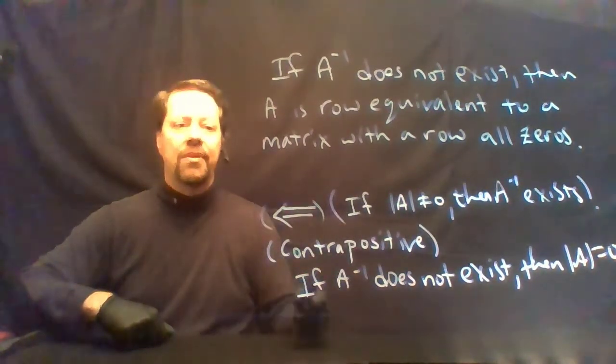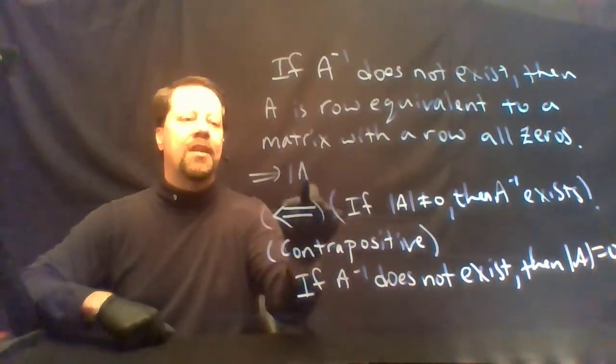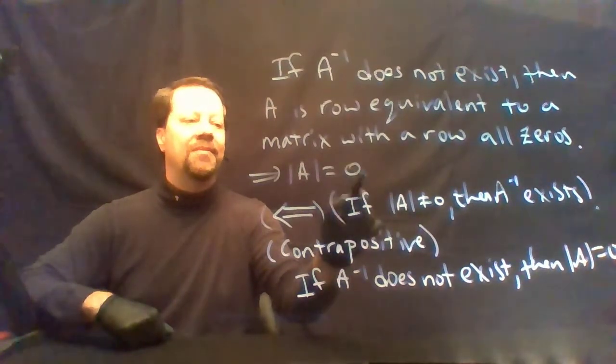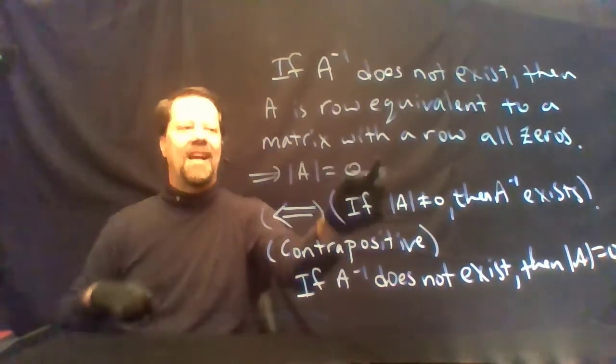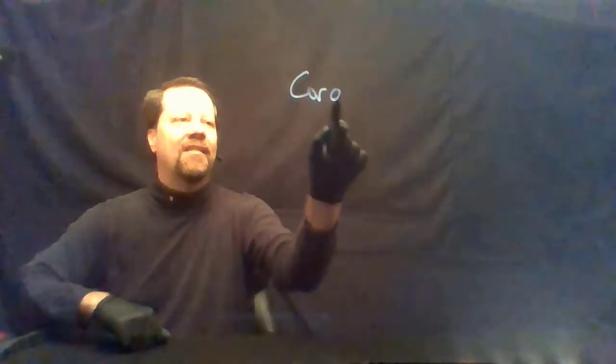If that's true, that implies that the determinant of A is 0. And the theorem's over.